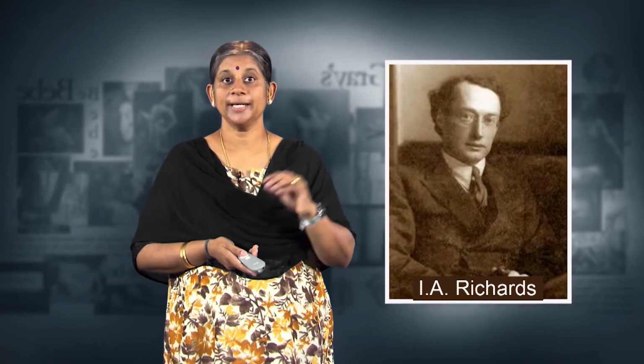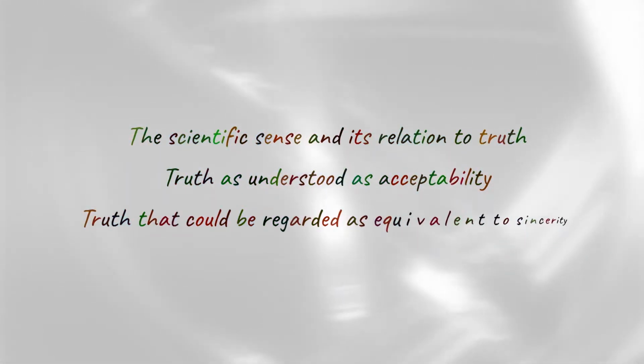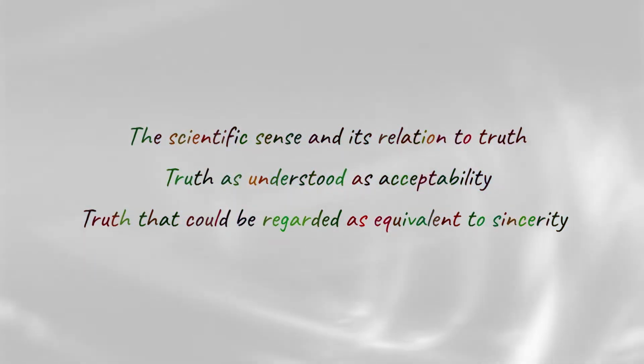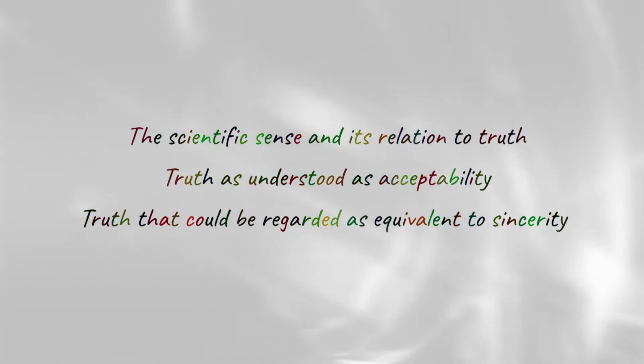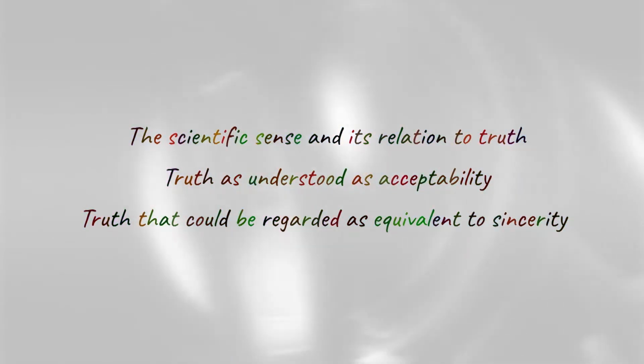Richards goes on to illustrate his propositions by discussing the way truth is used in criticism. He discusses three important points in this regard: the scientific sense and its relation to truth, truth as understood as acceptability, and truth that could be regarded as equivalent to sincerity.